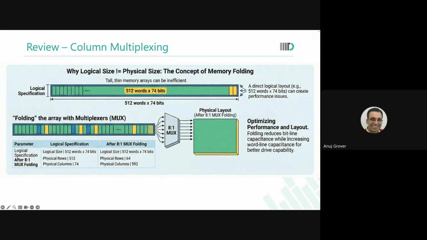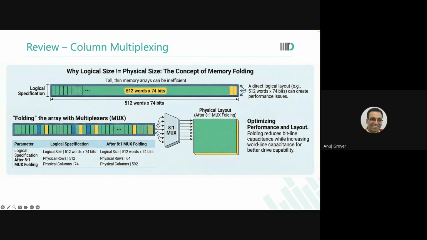The physical dimensions of a memory can be very cigar-like or very horizontal or very tall, whichever way you want to look at it. And that may not be feasible to be included inside the SOC. It will completely disorient the shape of the design that we are working on. And additionally, there would be some RCs which could be very, very long and can lead to a large delay.